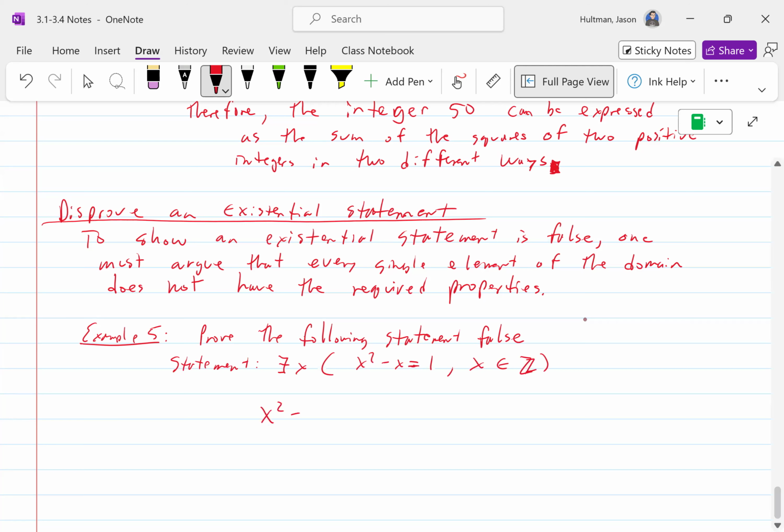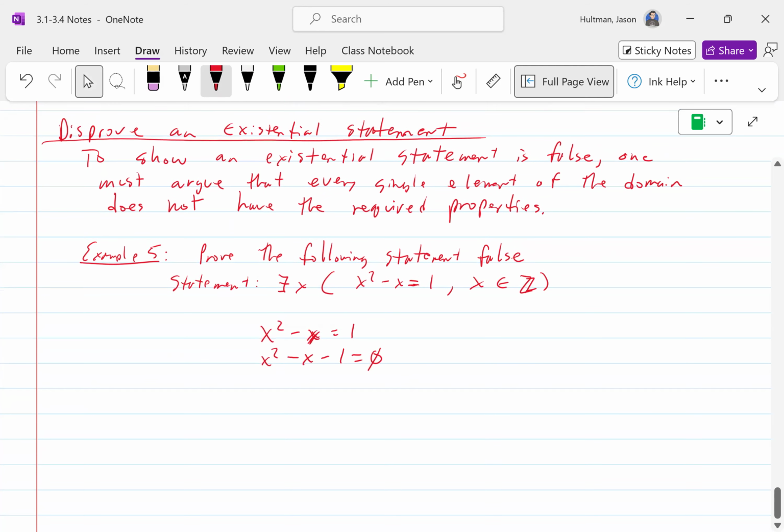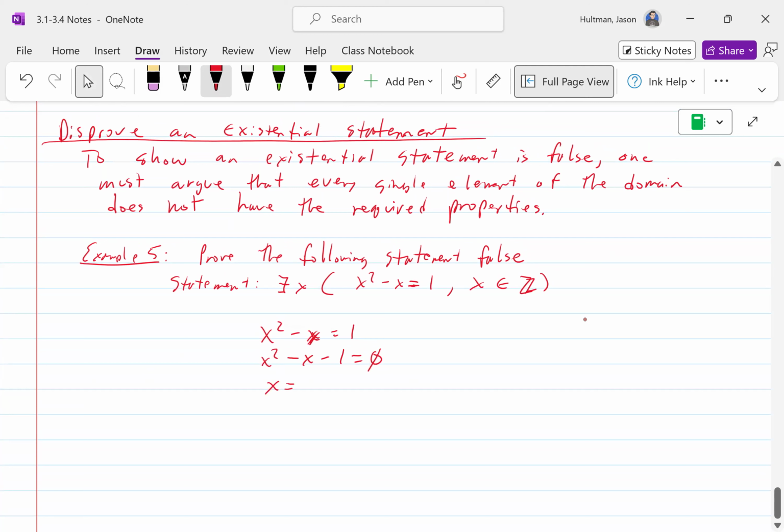So if we have x squared minus x equals 1, we could subtract 1 from both sides. x squared minus x minus 1 is equal to 0. And then we could solve for x. Using the quadratic formula, I would get x is equal to 1/2 minus radical 5/2, or x is equal to 1/2 plus radical 5/2.